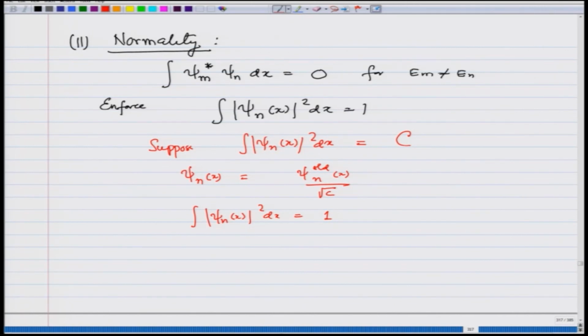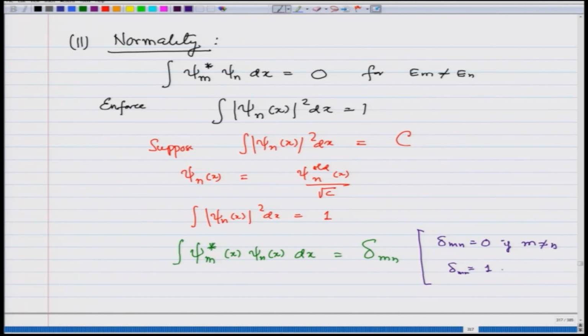So, I can redefine it. So, normality is enforced, and therefore, in general I am going to write that the integral of ψm*(x) ψn(x) dx is equal to δmn, where δmn is the Kronecker delta. So, on the side I will just write that δmn is equal to 0 if m is not equal to n and is equal to 1 if m equals n.